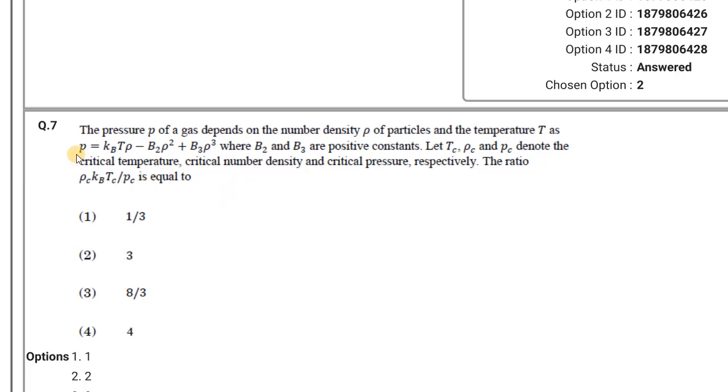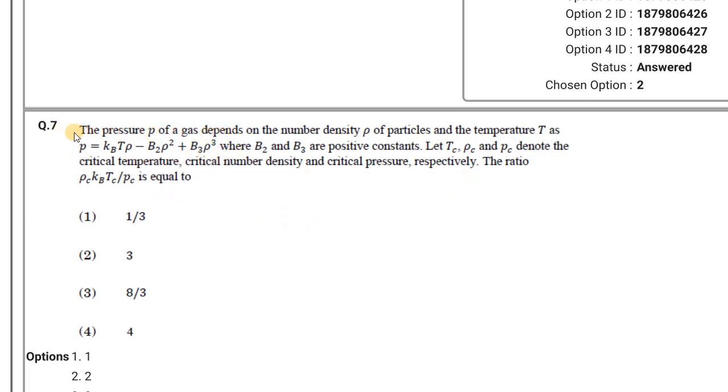This is not a very tough question. This is a calculation of critical coefficients. So the critical coefficients, T_c, rho_c, P_c, all come from that equation of state.